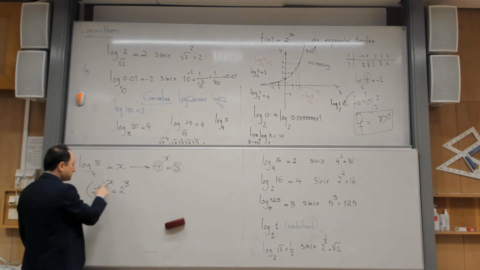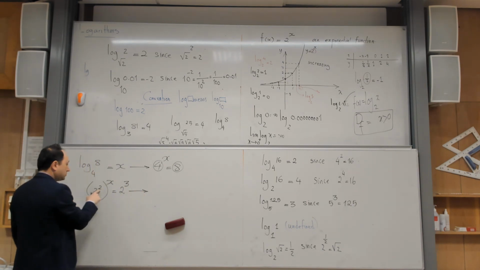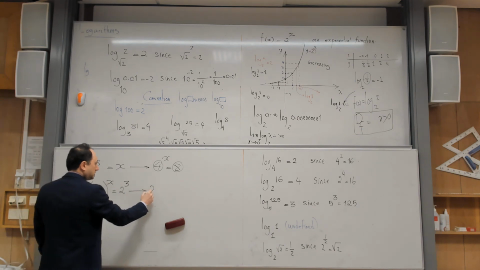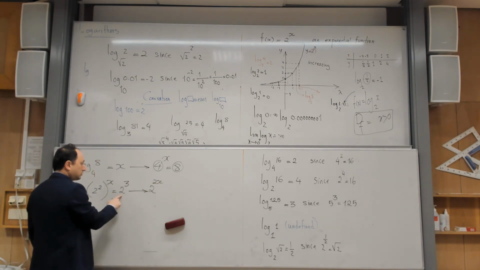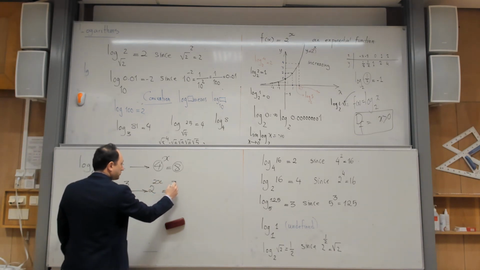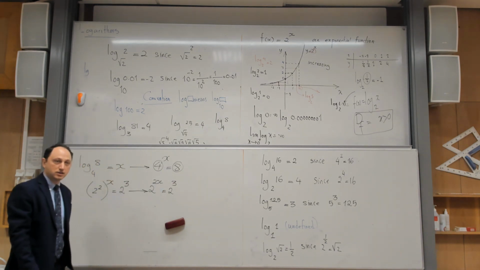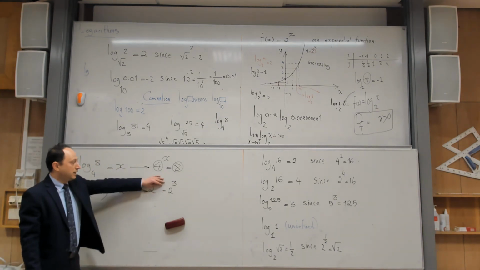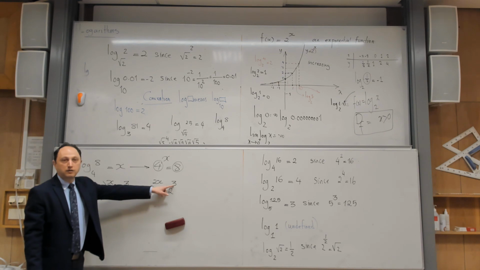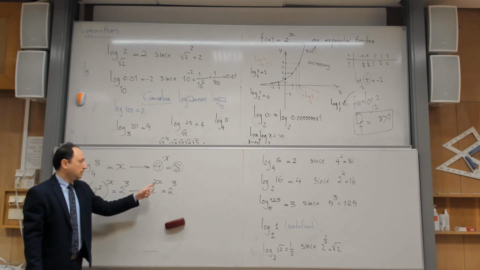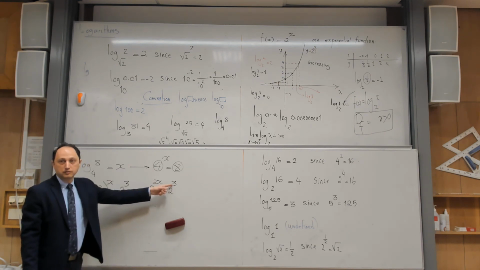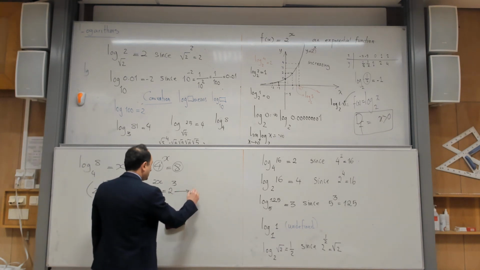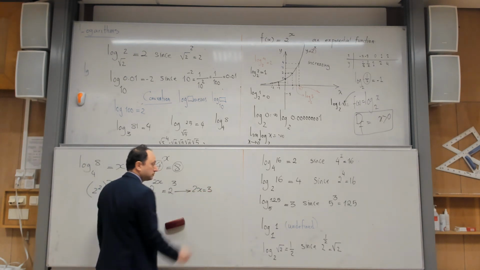And then what happens, you know the rules. 2 to the 2 to the x becomes 2 to the 2x. On the right hand side you have 2 to the power of 3. And then you really don't need to guess anything. Because 2 to some power is equal to 2 to the power of 3. This cannot happen unless the exponents are the same. Yes? So this means that 2x is 3.